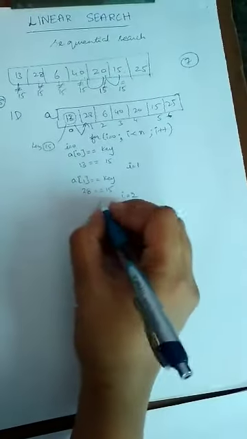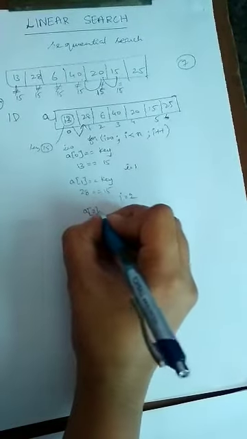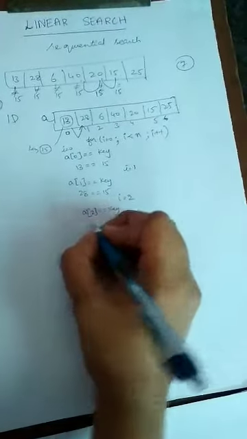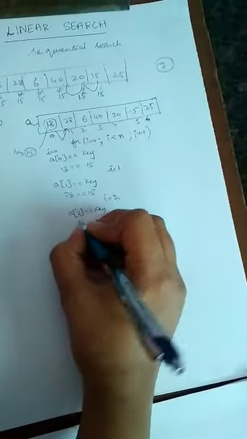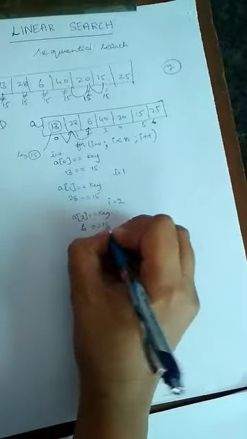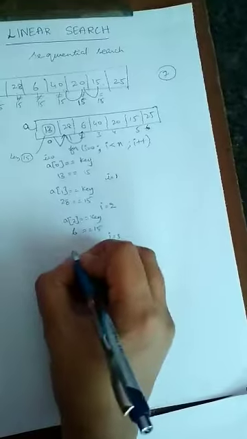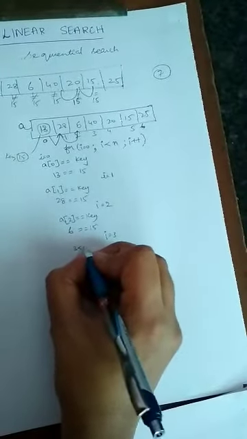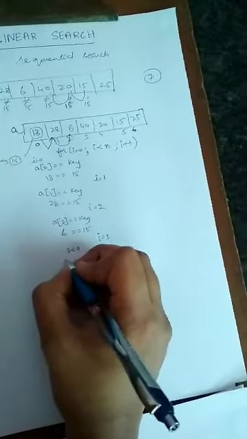So 2 is less than n. A of 2 will be compared with the key again. What is A of 2? That is 6. Is 6 equal to 15? No. So i will be incremented to 3. 3 is still less than n. n is 7, right?